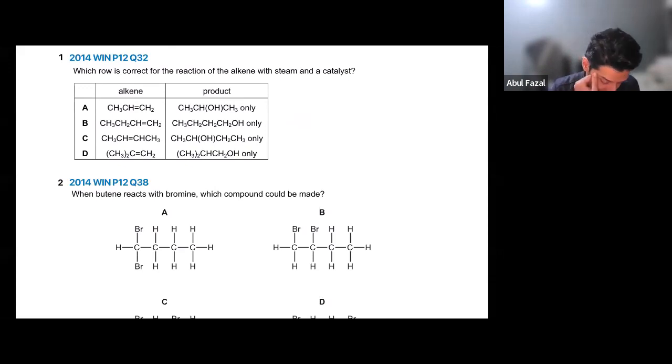C. If you can imagine it in your hand, great, but it's better if you draw it. Steam as a catalyst.